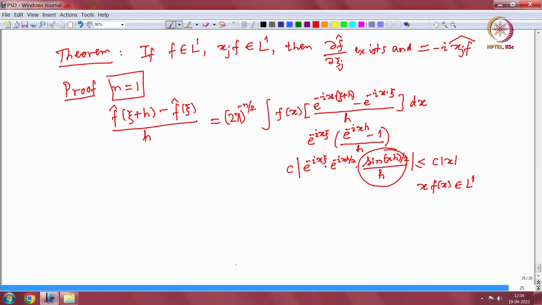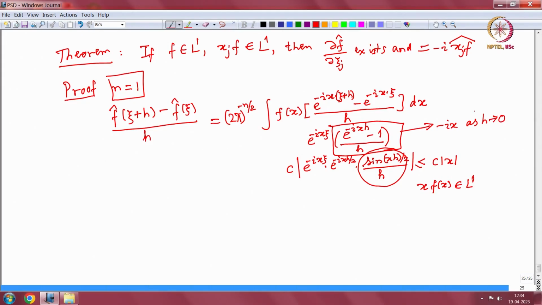The important thing is we have to keep track of the factor here. This is for the estimate, but look at the factor: as h tends to 0, we get minus i x.